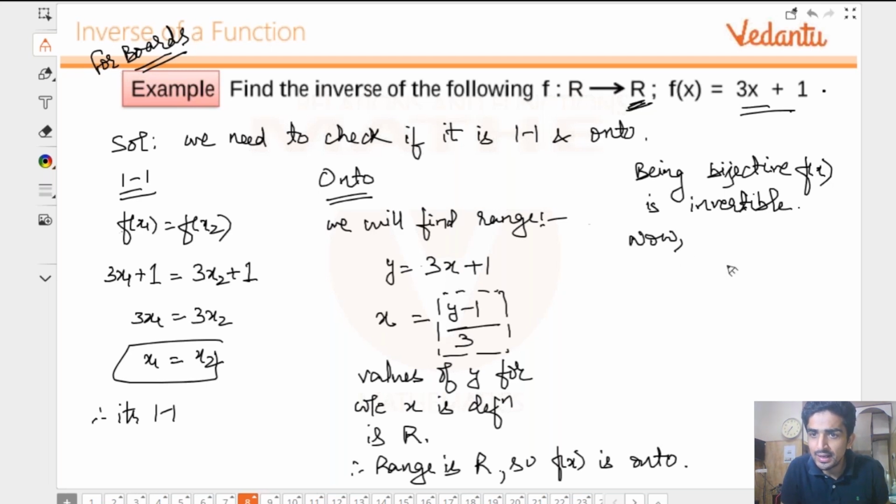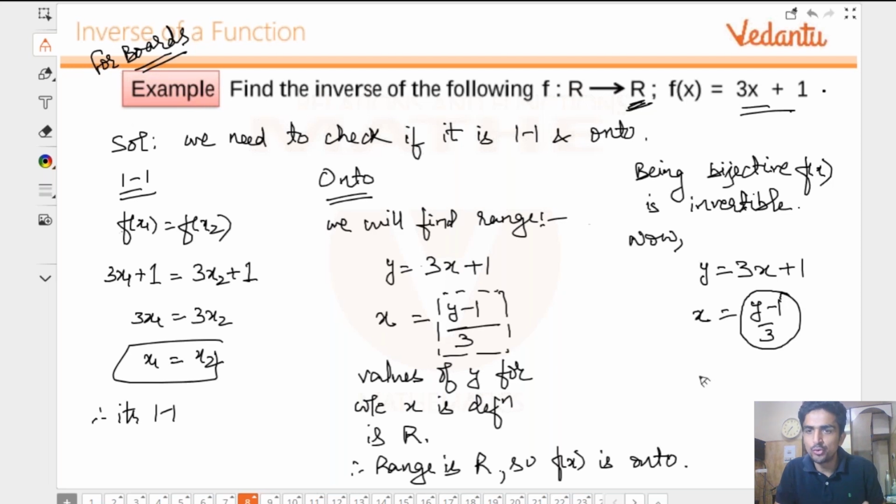Just let your function be equal to y, like this. And find x in terms of y. Whatever you get, this is your inverse. Game over.